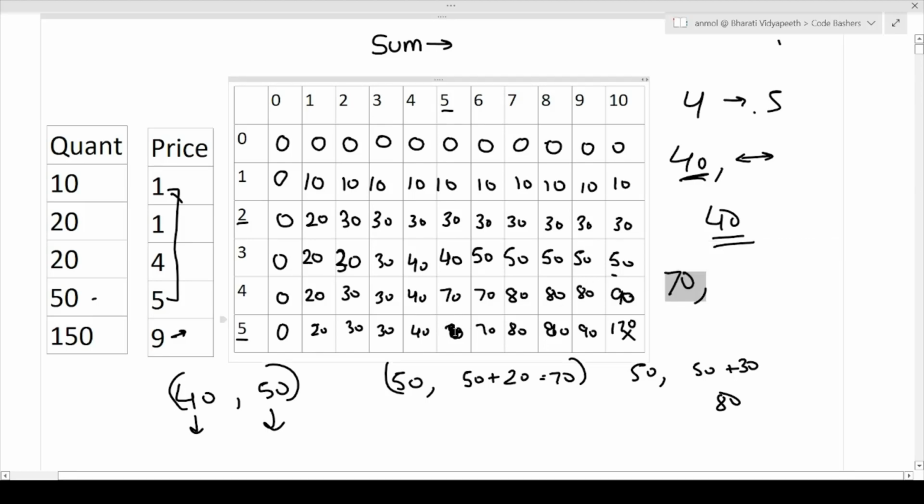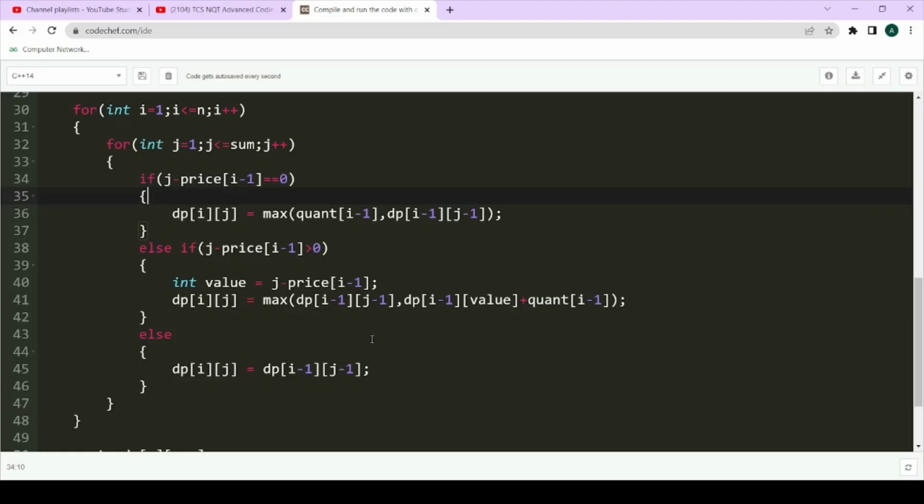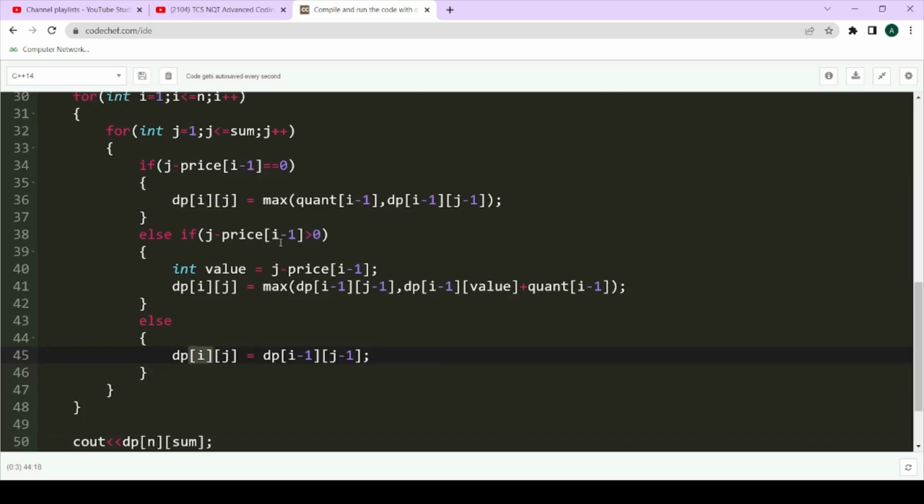Like we were filling this cell, now we had 5 rupees with us, but the price of the current item was 9 rupees. So here we cannot buy that item. Therefore, we will just consider the above value, that is 70 only. That is dp of i minus 1, j minus 1. Okay, so I hope all the conditions are clear to you.